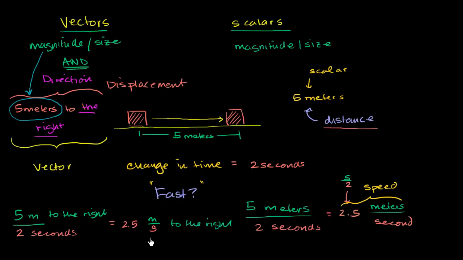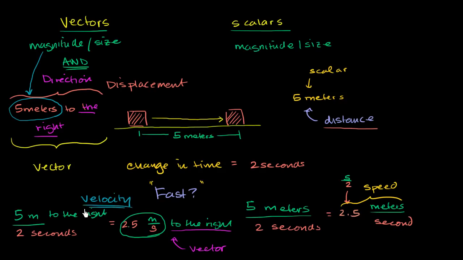So is this a vector or a scalar quantity? I'm telling you the magnitude of the speed, this 2.5 meters per second, and I'm also telling you the direction, to the right. So this is a vector quantity. When you specify both the speed and the direction, you are talking about velocity.